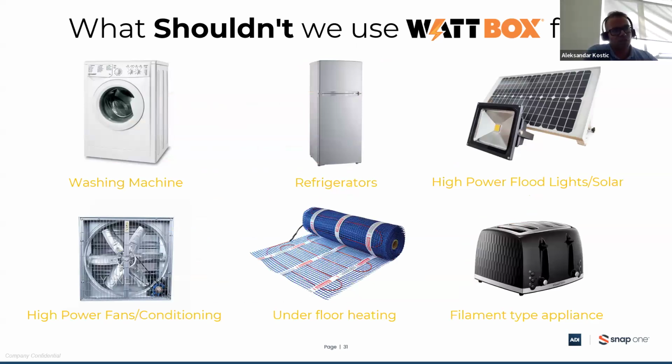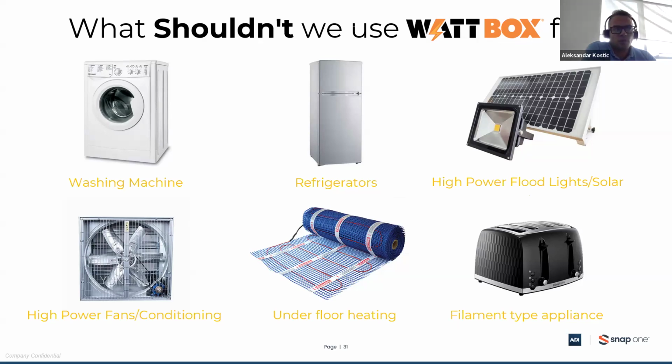Regarding the implementation, the WattBox is practically intended to be used in the rack and to connect low power consumers which are in the rack, like routers, switches, amplifiers, etc. So any device which is not consuming too much energy, because as I mentioned, we are quite limited to 2.2 kilowatts, for example, from the WattBox in total.